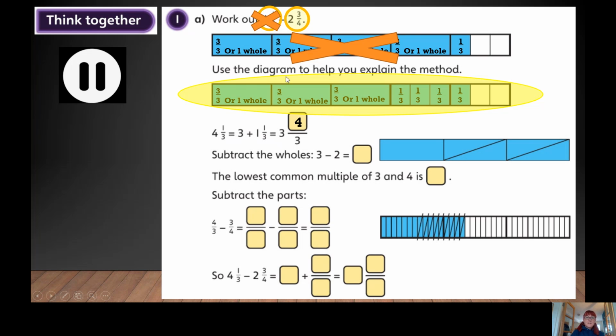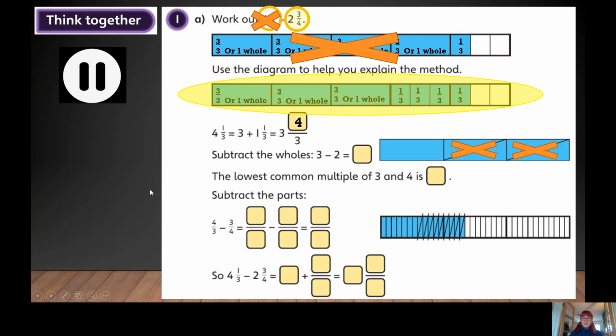So as I've highlighted, we're interested in this diagram now, what that represents for the rest of the calculation. So I've crossed out 4 1/3 and I've crossed it out in the question, but we're still keeping an eye on what we're subtracting because we've converted 4 1/3 into 3 and 4 thirds. Right, remember that. So we are now going to subtract 3 and 4 thirds, subtract 2 3/4. Here we go. You know what to do about subtracting the wholes.